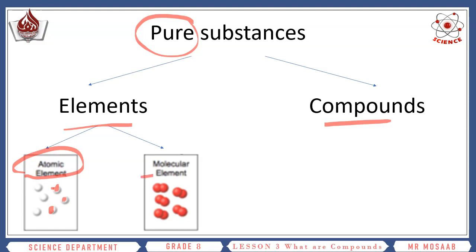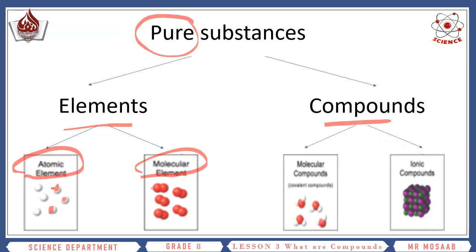In a molecular element, two or more atoms of the same type of element are joined together. And how can compounds exist? They can exist as a molecular compound or an ionic compound.